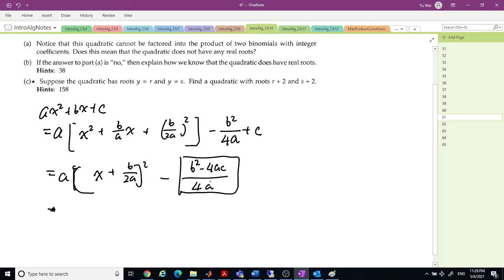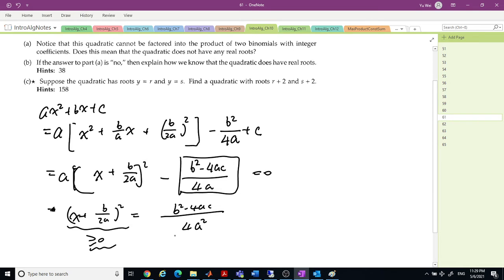Then if this equals 0, right, let's see. So (x plus b over 2a) squared is equal to (b squared minus 4ac) over 4a squared, right? The left side is something squared, greater than or equal to 0. On the right side, the denominator is already greater than 0. Then we need b squared minus 4ac greater than or equal to 0.